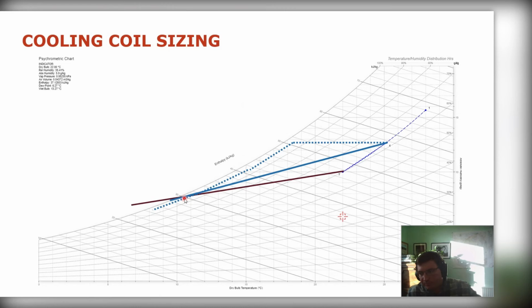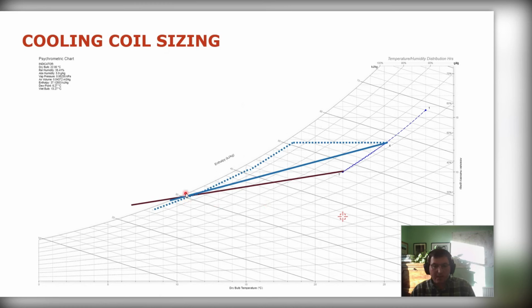There will be the cooling apparatus temperature, which is the temperature of the coil itself, and then there will be what's called off coil temperature, which will be a little bit higher, because as we said before, if your coil itself is say 5 degrees C, the air coming off it will always be slightly higher, maybe 7 degrees C, and the relative humidity will not normally be 100, it'll be something like 97, 95.